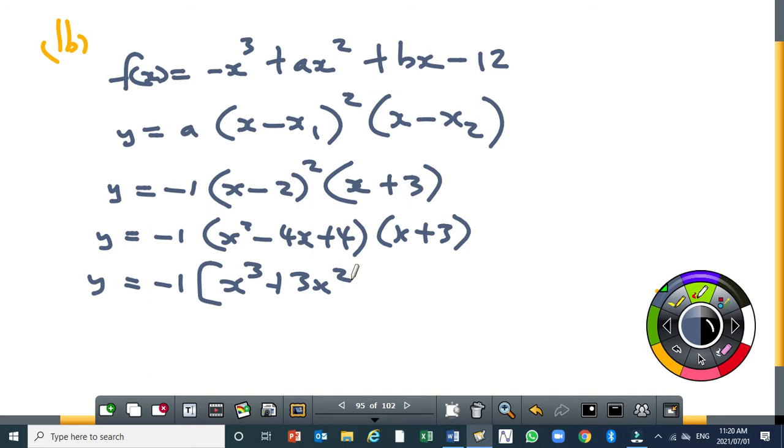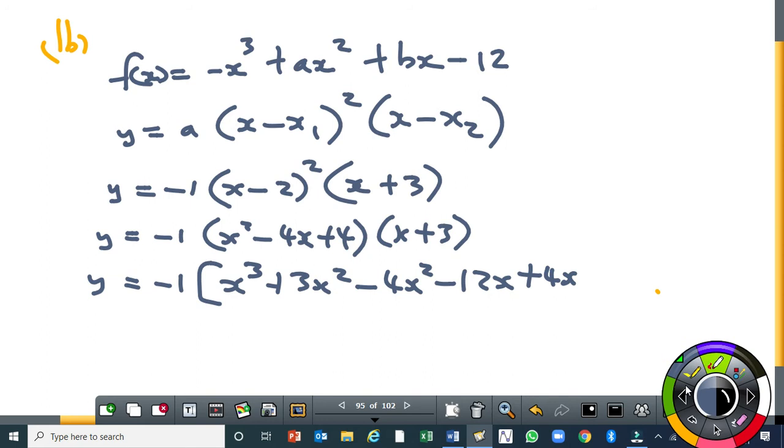Minus 4x plus x times x, that will give me minus 4x squared. Minus 4x times 3, that's minus 12x. Are you following there? It's the algebra now that I'm doing. Then 4 times x, that's positive 4x. 4 times 3, that's positive 12.